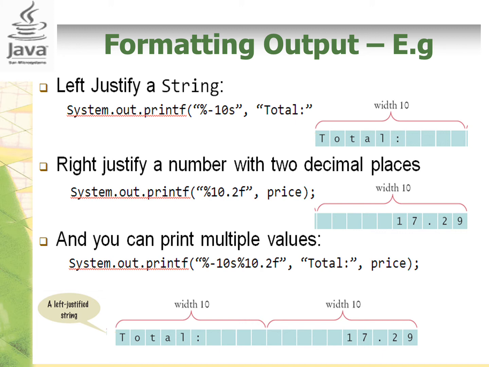You can also print multiple values. For example, we have System.out.printf("%-10s %10.2f"). As it has two values, which are %-10s and %10.2f, we need to have two items within it, which are the first one is the string total and the second one is the value of a variable named price.